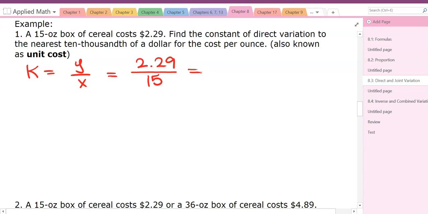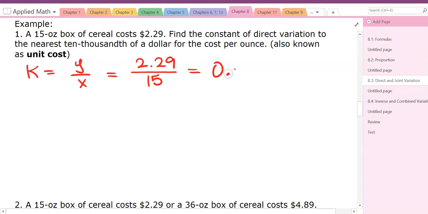We're going to get a decimal here, and they say the nearest 10,000th. When I divide this, I get a really long decimal: 0.15266666666. Mine eventually says 7 because my calculator rounds it for me, but it's 6 repeating. 10,000th means you go out 4 decimal places, so 4 numbers after the decimal.